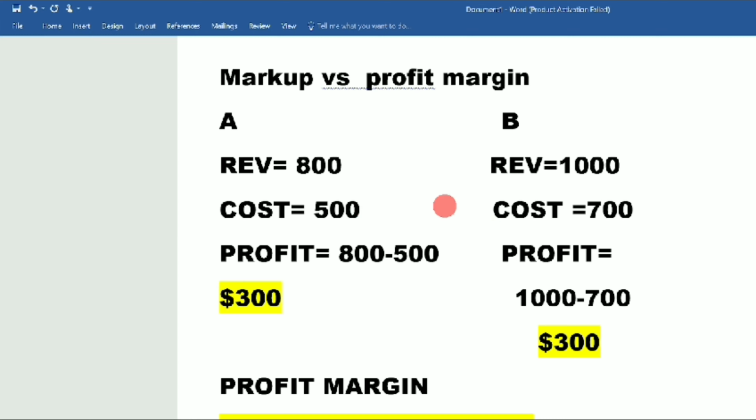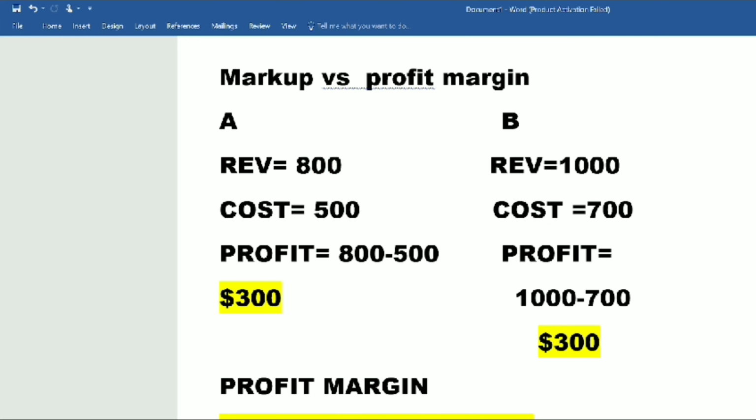Now let's look at it critically. As a business analyst, in as much as both of them have the same profit, you'd be asking yourself: how come I'm making a revenue of 1,000, more than who invested in A, who is making a revenue of 800?